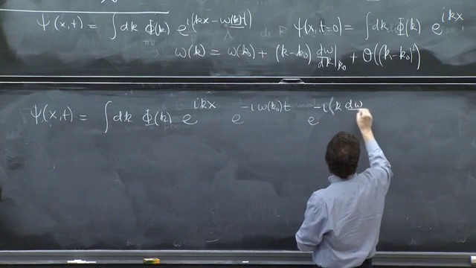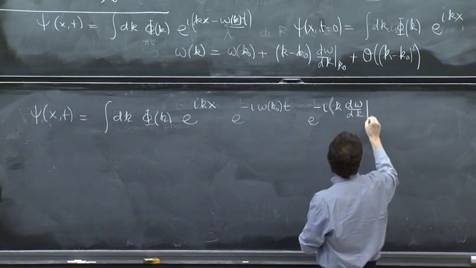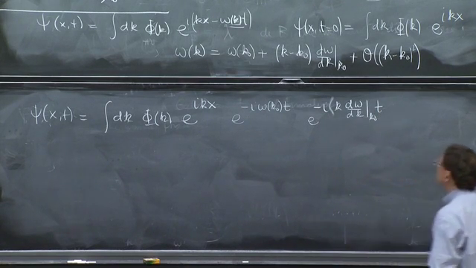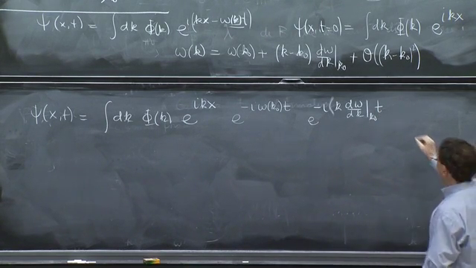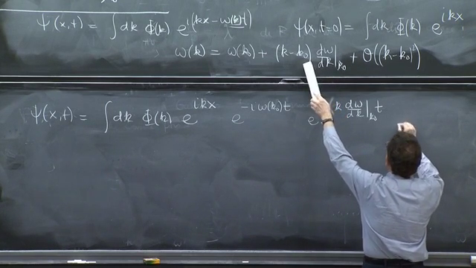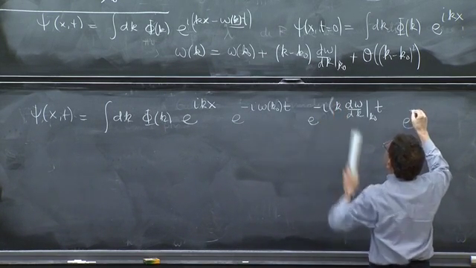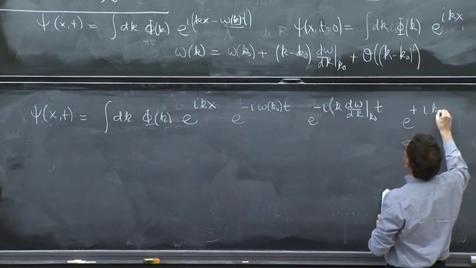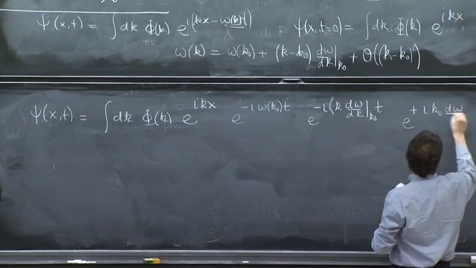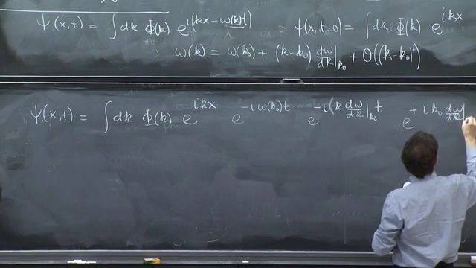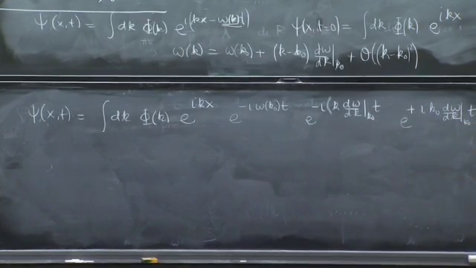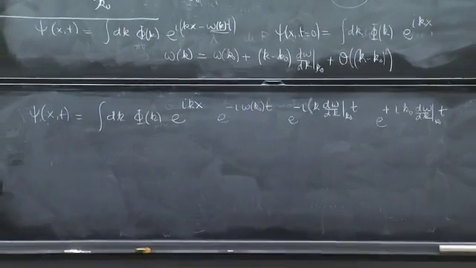E to the minus i, the second factor, k times d omega dk at k naught times t. And the third factor is this one with a k naught, e to the plus i k naught d omega dk at k naught t, plus order higher up.